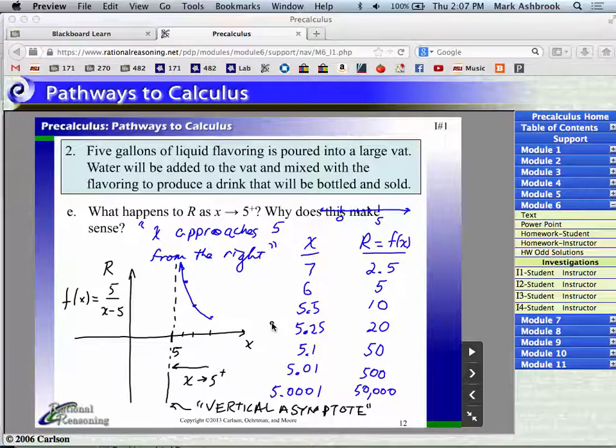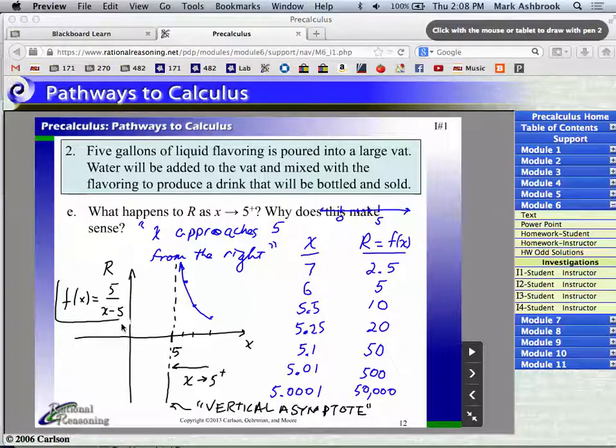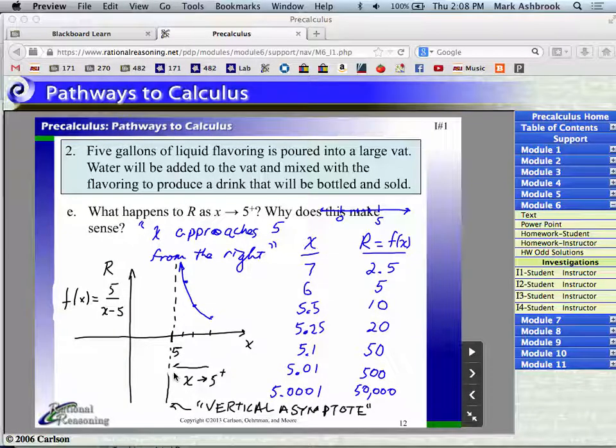What only makes sense in this situation is values greater than 5. If you have 5 gallons of flavoring, you can't have less than 5 total, right? But if we remove this situation, we could consider values of x less than 5. The next example will take care of that.